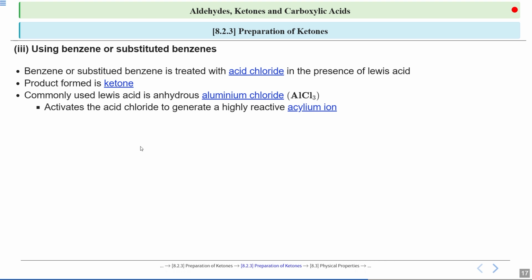Now this compound is crucial because it activates the acid chloride, making it more reactive. The activation of this acid chloride generates a highly reactive acylium ion, and this ion is what reacts with the benzene to form the ketone.